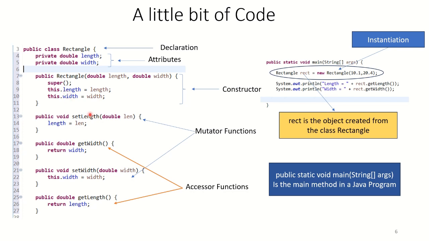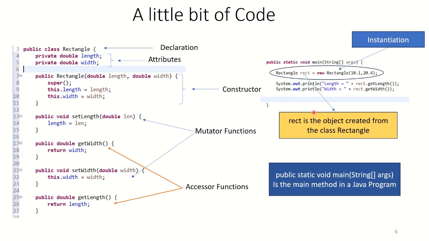Just like we showed in the code snippet to the right, where we created a rect object using this class Rectangle. Note the new keyword as well, which says a new object is being created. You can also see two arguments, length and width, are passed to the constructor. In this way, we initialize the object rect.